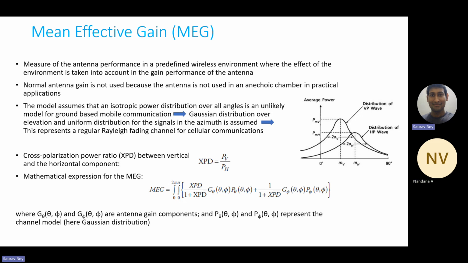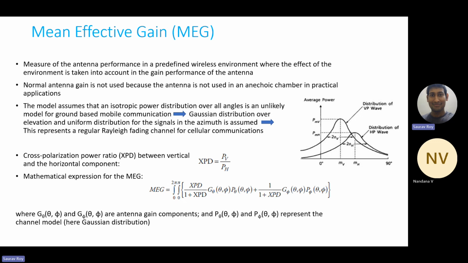And you see, the model assumes that an isotropic power distribution over all angles is unlikely. That is what we generally see. Isotropic power distribution does not happen for ground-based mobile communication. So what we generally consider is a Gaussian distribution over the elevation plane and a uniform distribution over the signals in the azimuth plane. That is what is assumed.